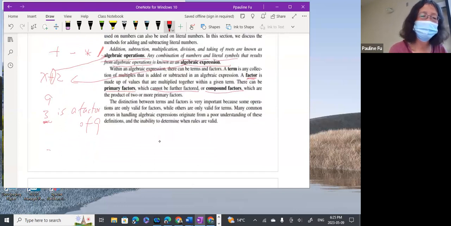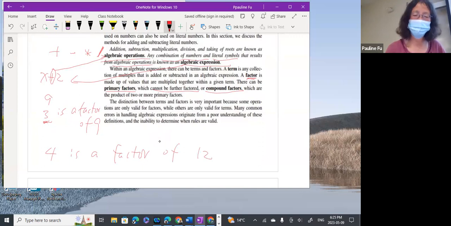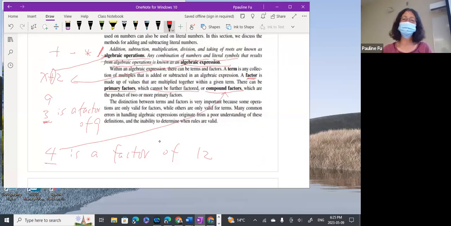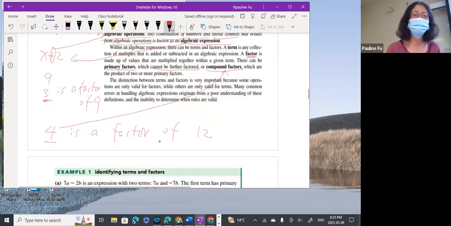Another example: 4 is a factor of 12. And this 4 is a compound factor because this 4 can be further divided into 2 times 2.